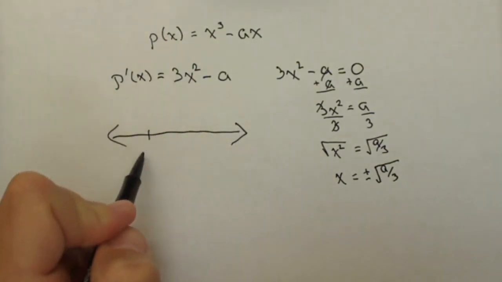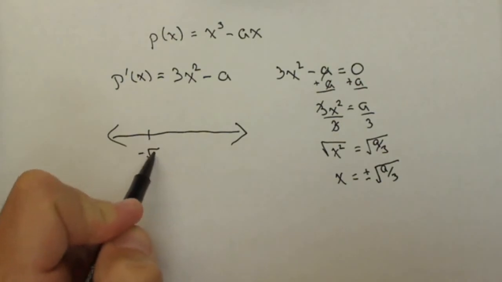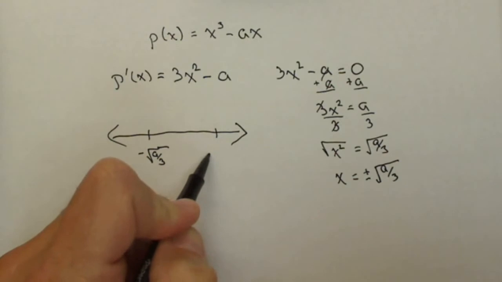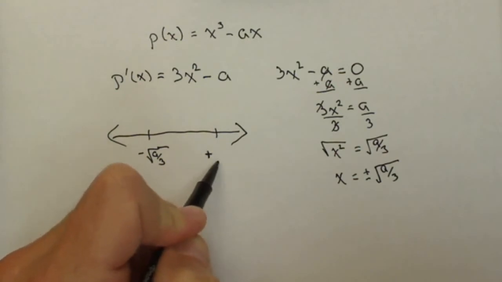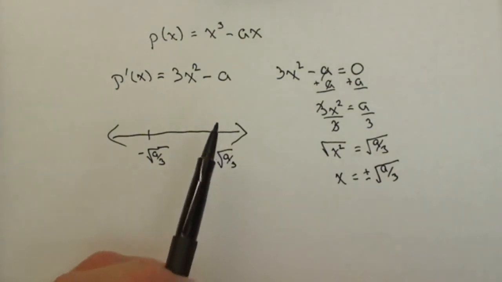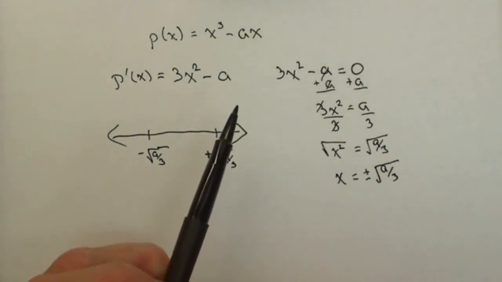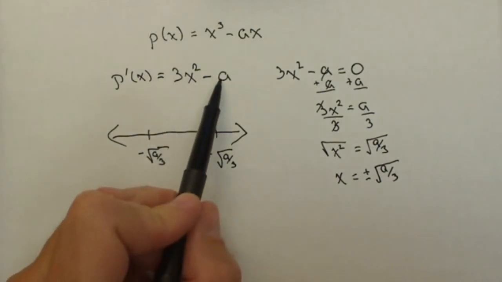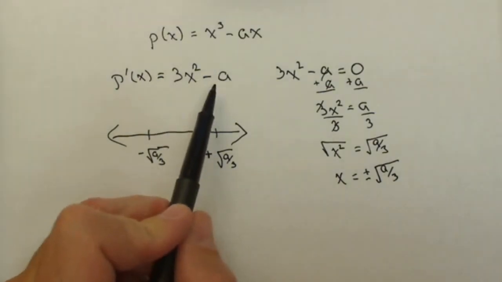So we'll put one in here, negative square root of a over 3, and one at positive square root of a over 3. Now we're going to assume that a is positive. We'll talk about what happens when it's negative in a second. So if a is a positive value, we're subtracting it off.